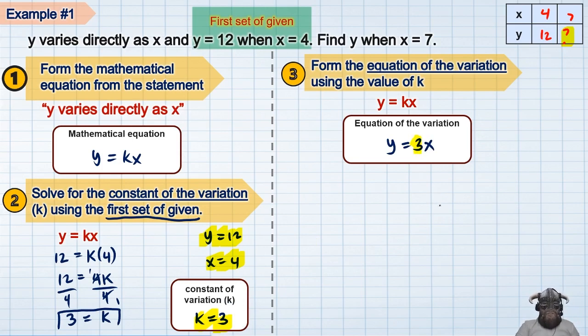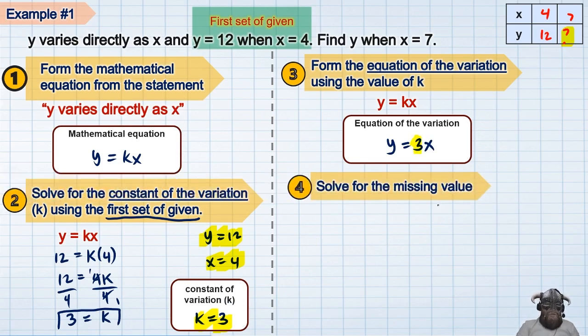Ganyan lang kasimple yon. So, if we are asked to solve for the missing value, we'll go back to the statement and it says, find the value of y when x is equal to 7. So, magagamit nating value dyan, yung binigay sa atin na x is equal to 7. And once again, we will use the equation of variation y is equal to 3x.